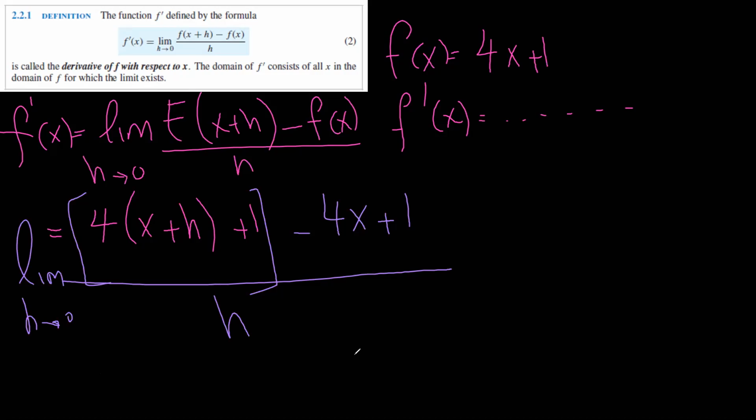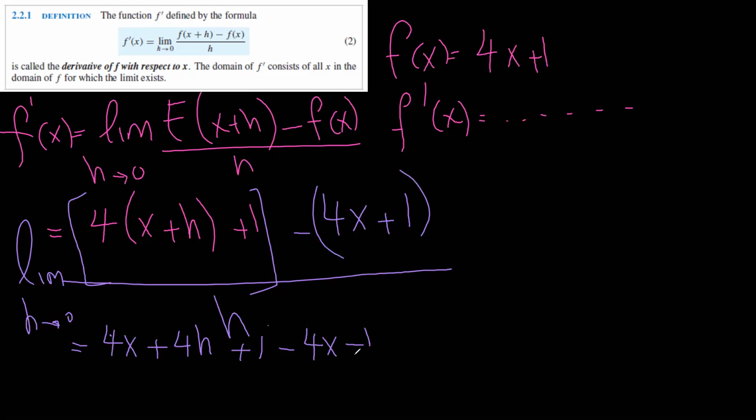So now we have 4 times x plus h, plus 1, minus 4x plus 1, over h. Then let's rewrite it like 4x plus 4h plus 1 minus 4x minus 1.